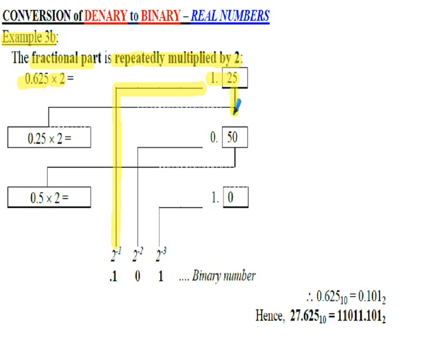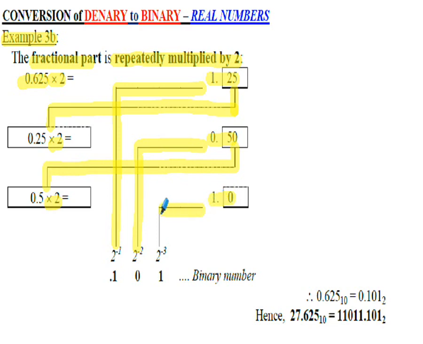We carry over the 0.25 and we multiply that by 2. That gives us 0.5. We write the 0 under the column heading of 2 to the minus 2, and we carry over the 0.5. We multiply the 0.5 by 2 and we get a value of 1.0.